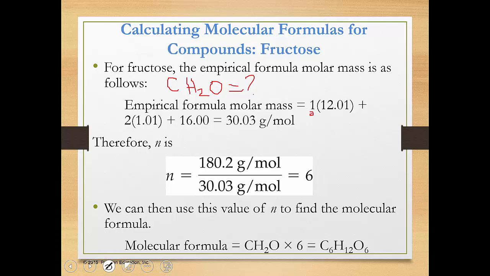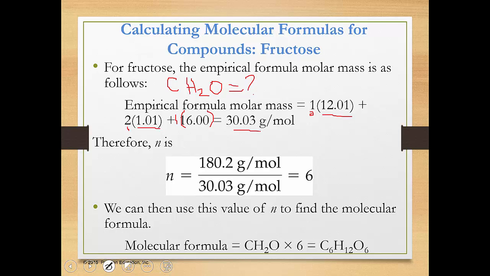So if I took 1 carbon times 12.01 from the periodic table for carbon, plus 2 hydrogens times the 1.01 grams per mole for hydrogen, plus, and they've left it out here, but there's one of them, 1 oxygen times the 16.00 grams per mole of oxygen. So I have 12, 2, and 16 approximately. I add those up. Just the empirical unit would have a mass of about 30 grams per mole.